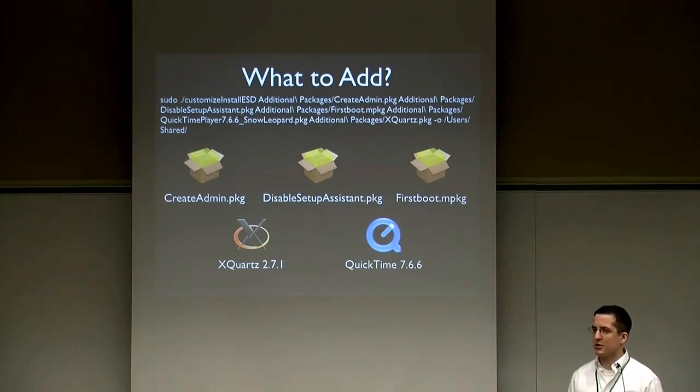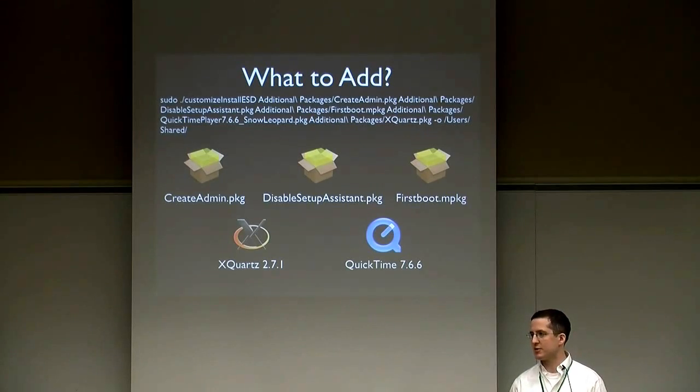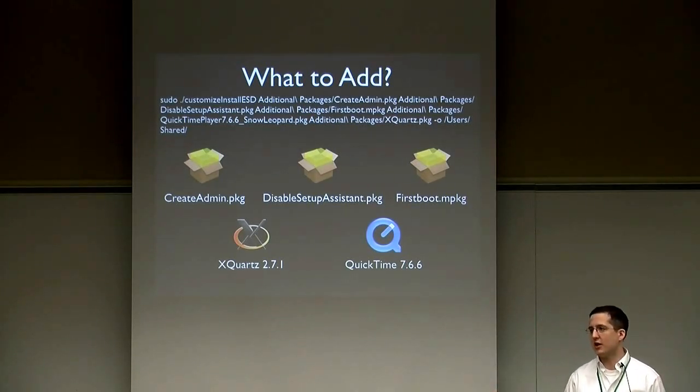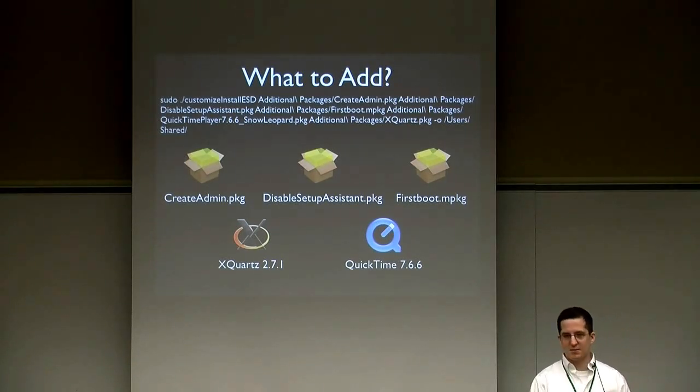My first boot package, which makes sure my Casper tools are on, sets some of my network settings, installs Java with custom triggers through Casper, and some Lion defaults. Xquartz, which I'm going to use to replace X11, and QuickTime 7.6.6 because a lot of our users still use QuickTime Pro.